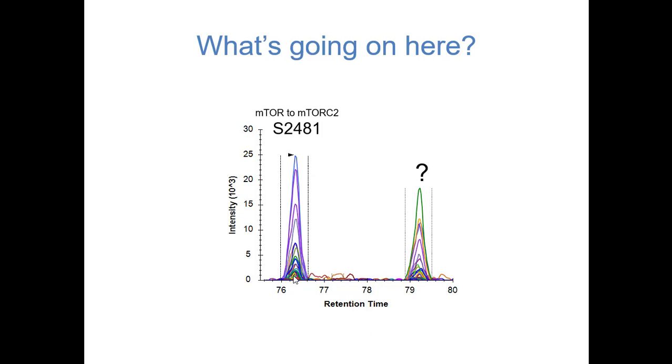Is there a possibility of in-source fragmentation giving you the same? So in-source fragmentation, your phosphorylated sites, for example. That's probably not going to be the case for phosphopeptides because what does the phosphate lose with it?